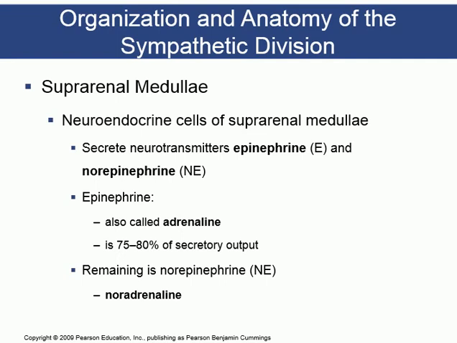So this is epinephrine and norepinephrine, also known as, what's the other name for epinephrine? Adrenaline. And what's the other name for norepinephrine? Noradrenaline. Epinephrine, also known as adrenaline, is the main one, 70 to 80%. Noradrenaline or norepinephrine is the other one.